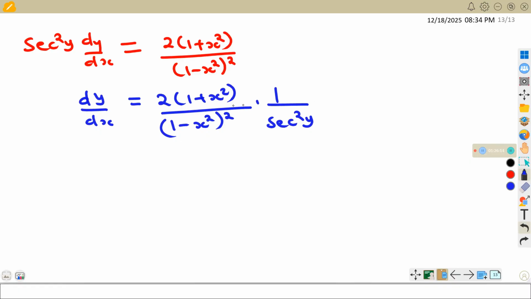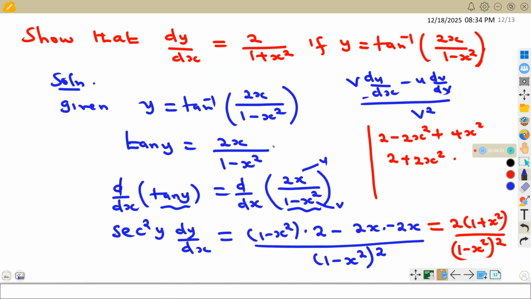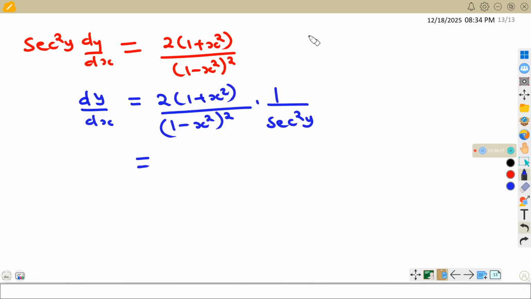Okay, so from here, let us have a sec squared of y. So we have already got a tan of y as this, 2x over 1 minus x squared. So I want us to have now sec squared somewhere here. Let us try to simplify the expression for sec squared of y. We know that sec squared of y is 1 plus tan squared of y.